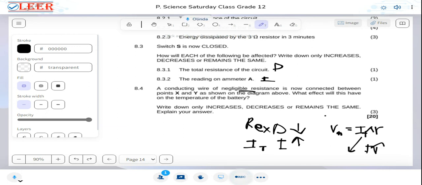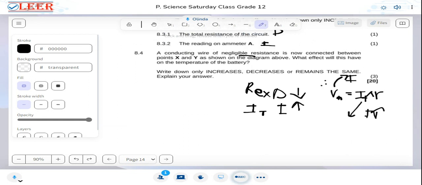So therefore our internal voltage will also increase. So the work done will increase, therefore the temperature will also increase. I hope that makes sense.